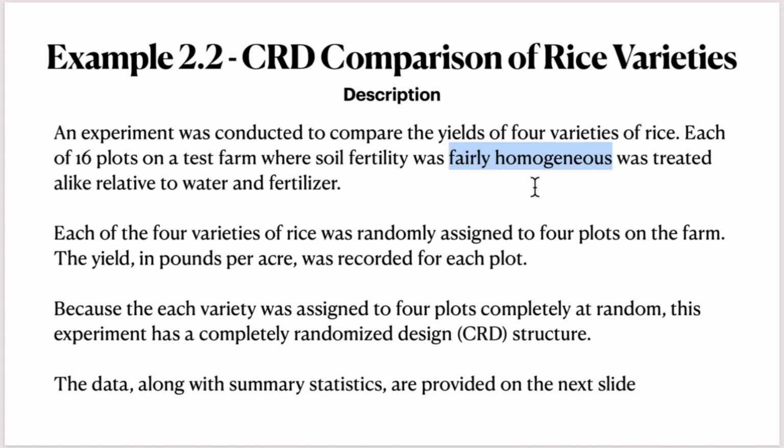What happens is if you have heterogeneous experimental units and you use a completely randomized design, then you do not have the ability to account for the variability in the various experimental units. And all of that unaccounted for variability goes into the error term.